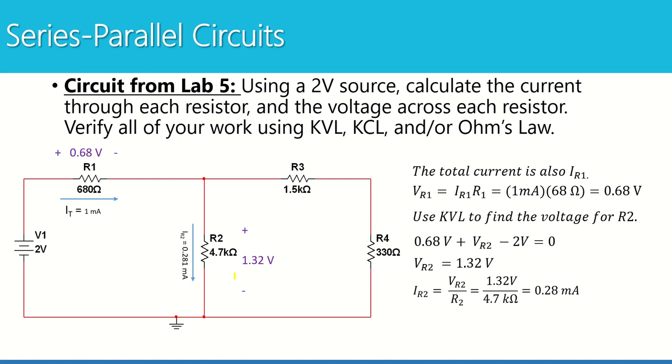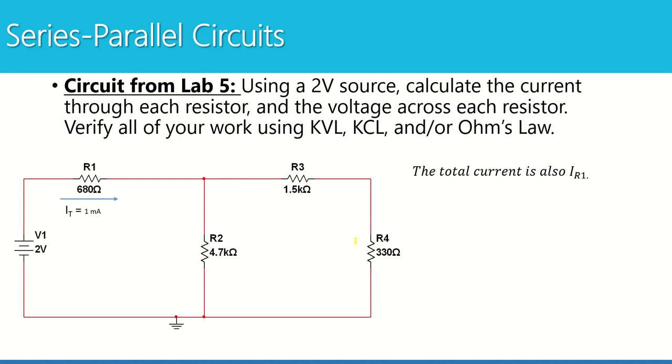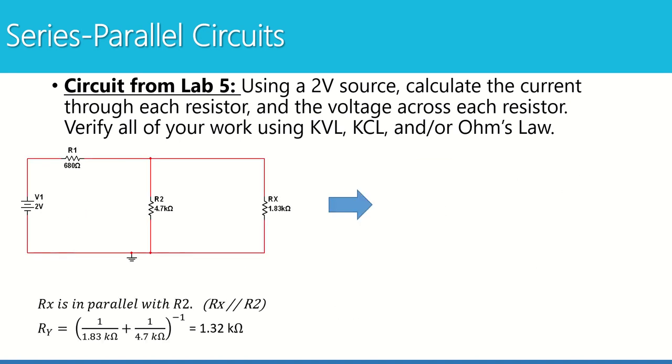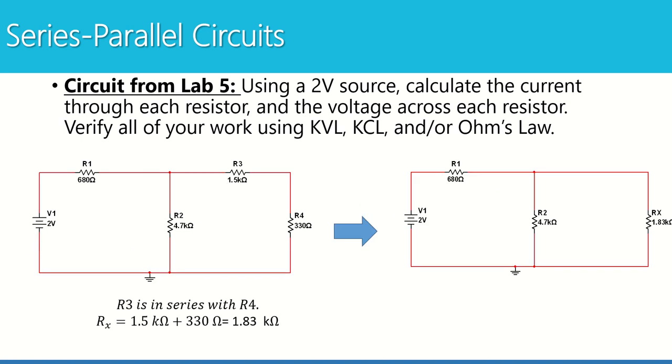Now we have to tackle R3 and R4. We have several options. We could use KCL to figure out how much current goes this way. Or I know that I can add up R3 and R4 together. And if I go back, for example, when we added R3 and R4 together, we got Rx.